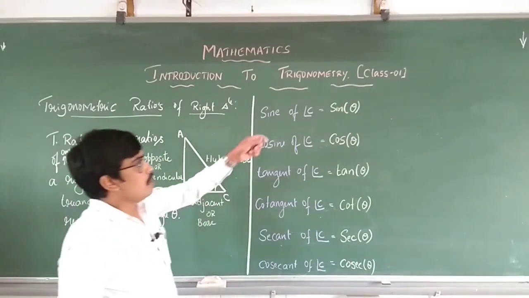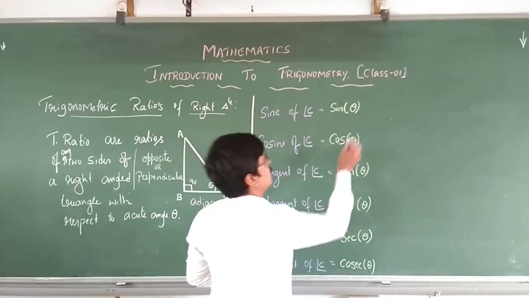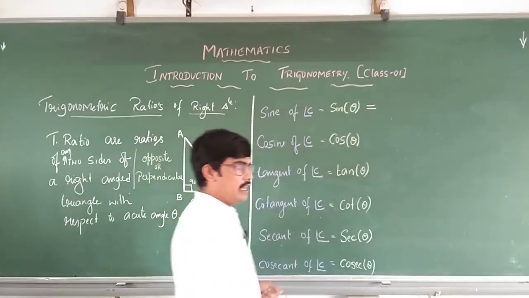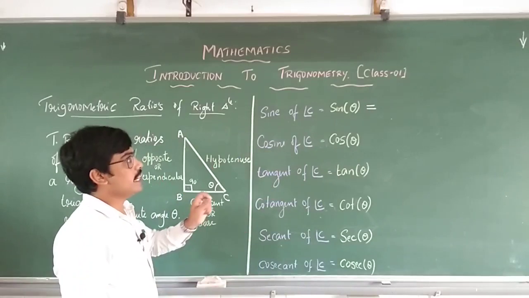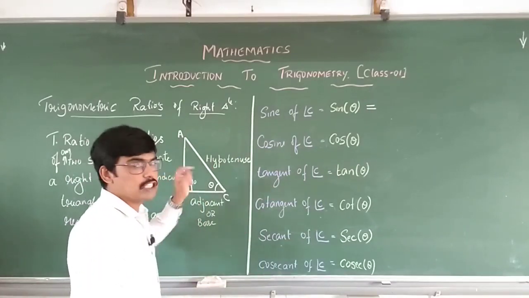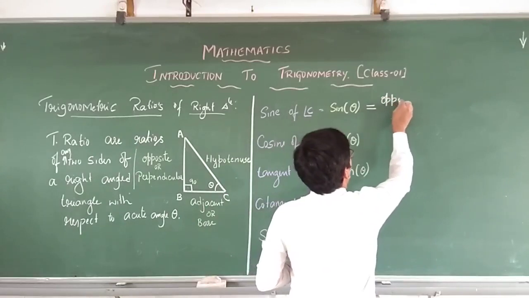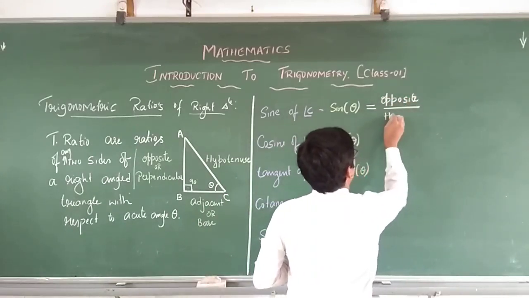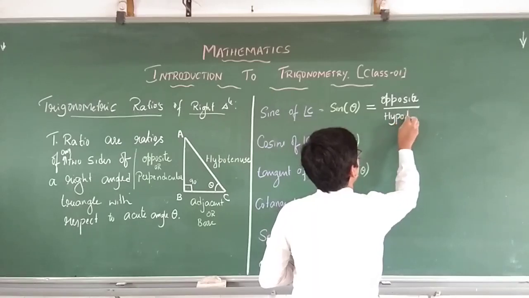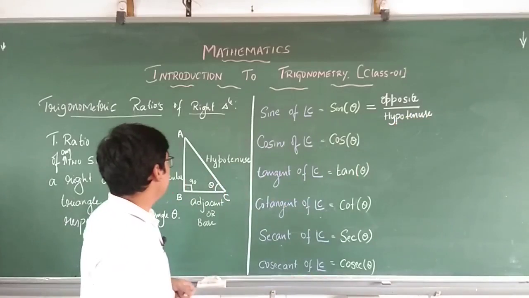Now, how can we define the sine of the angle? Sine of an acute angle in a right triangle is the ratio of the opposite side divided by the hypotenuse.